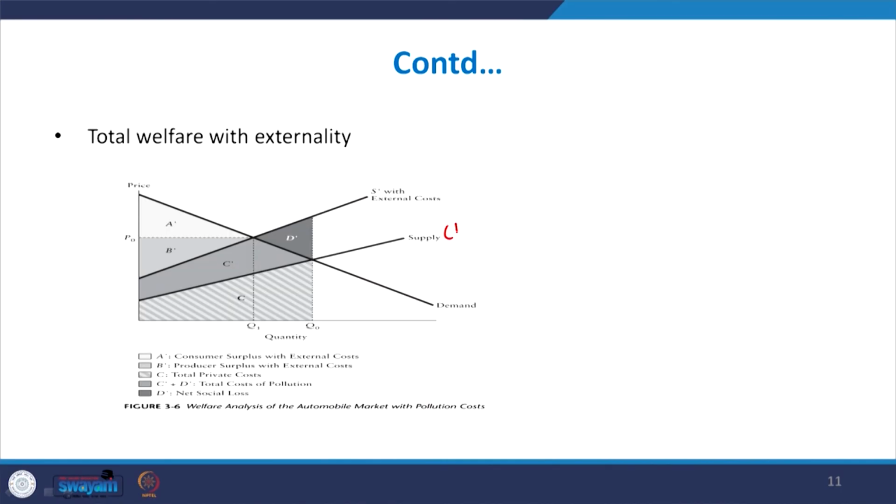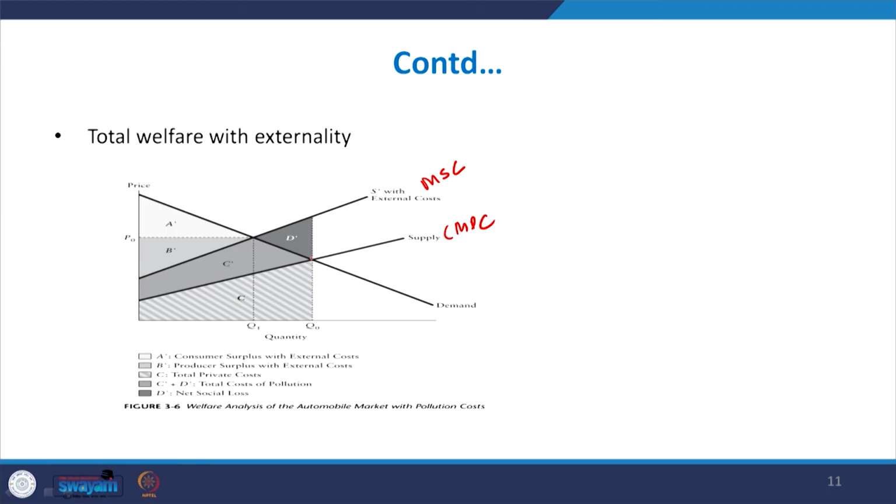Now, total welfare with externality. As we have already discussed, when externality is taken into account or internalized, the supply curve will shift upward, and the new supply curve also includes the external cost; we use marginal private cost and marginal social cost.